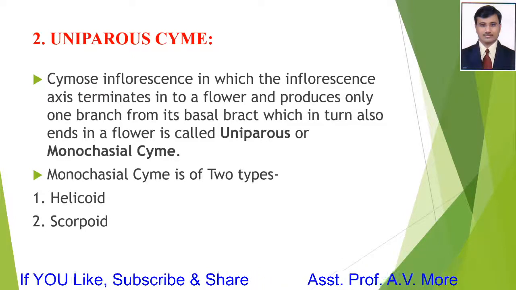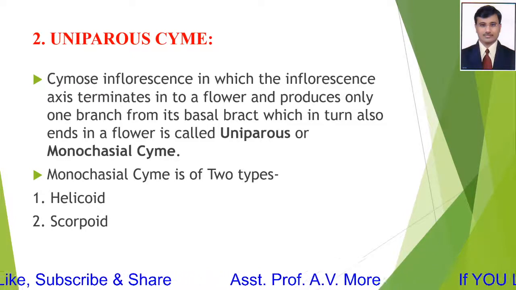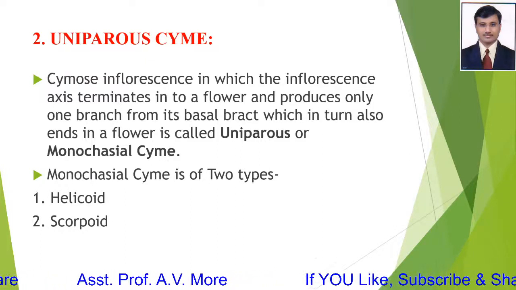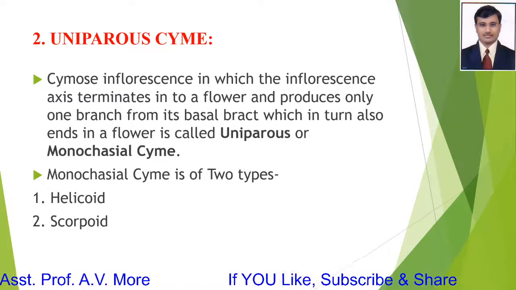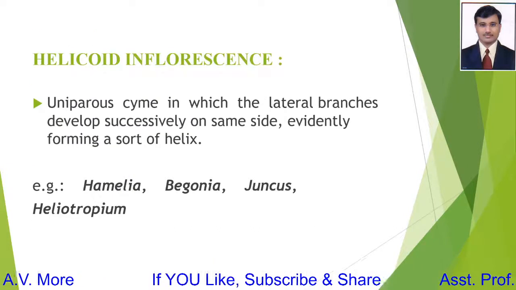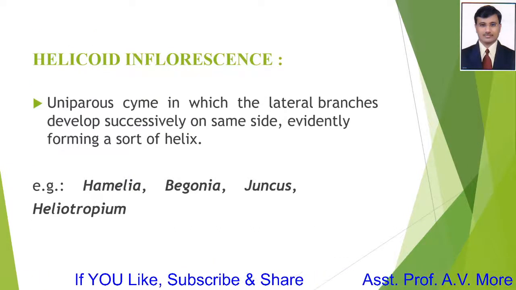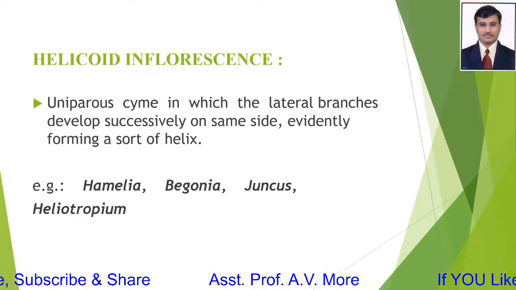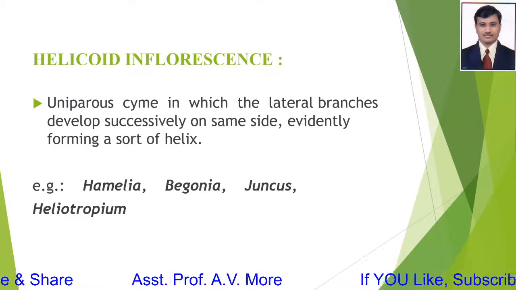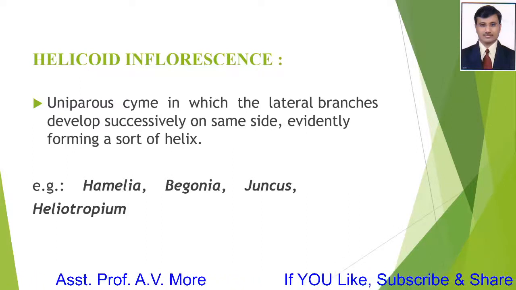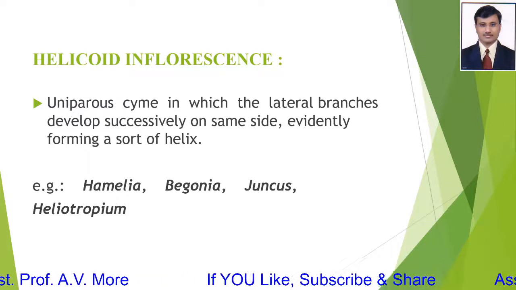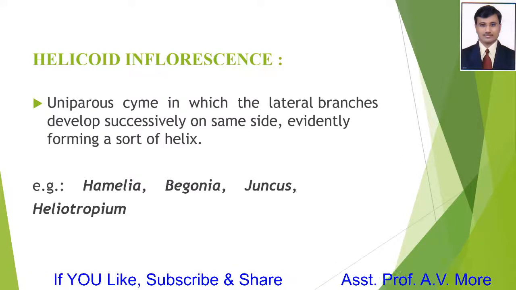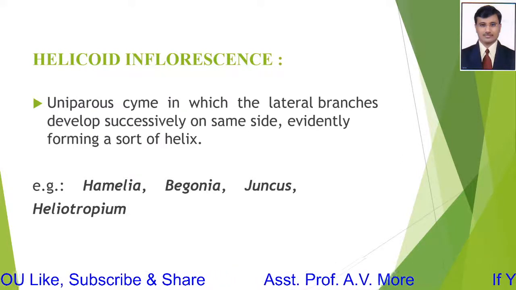Uniparous or monochasial cyme is divided into two subtypes, that is helicoid and scorpioid. First one, helicoid inflorescence. It is a uniparous cyme in which the lateral branches develop successively on the same side, eventually forming a sort of helix.